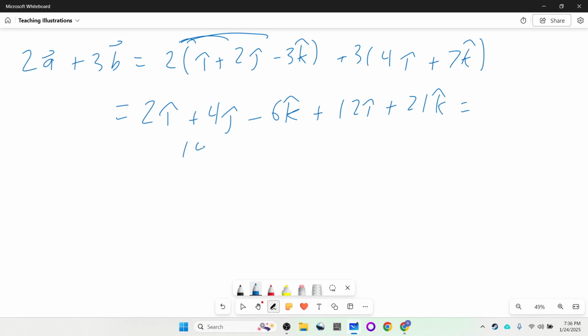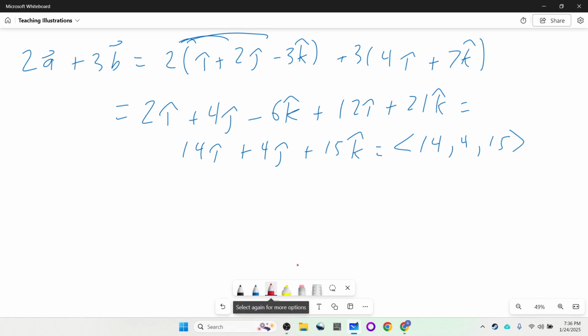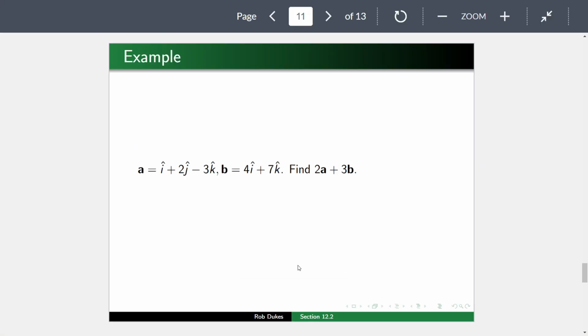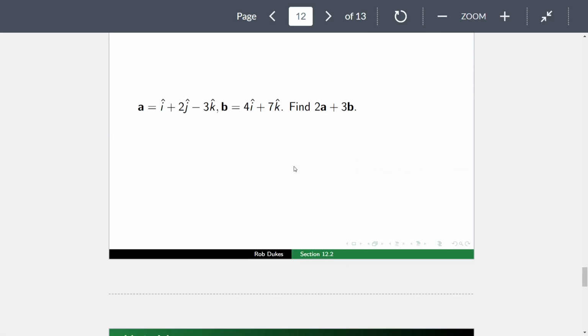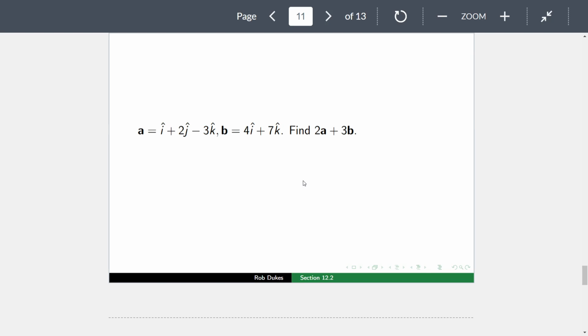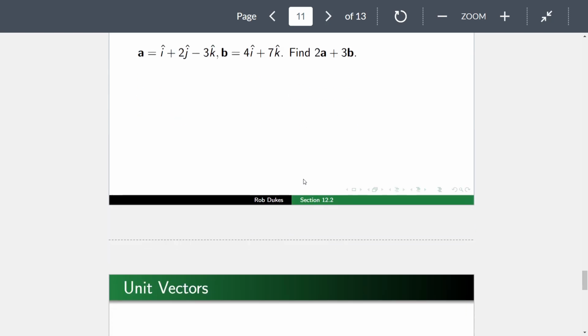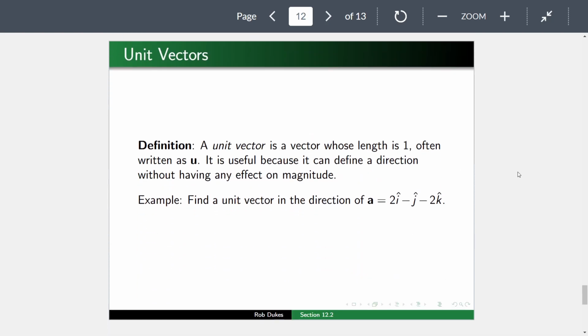We get 14i plus 4j plus 15k. Or if you prefer to write it as (14, 4, 15), that's fine. I am fine with either form. So, yeah, it's just a matter of treating them like regular algebraic entities.